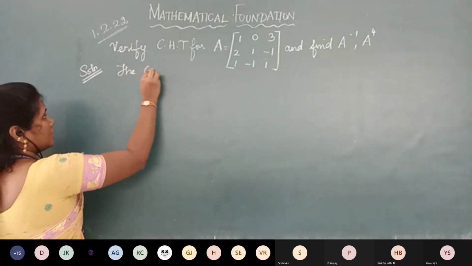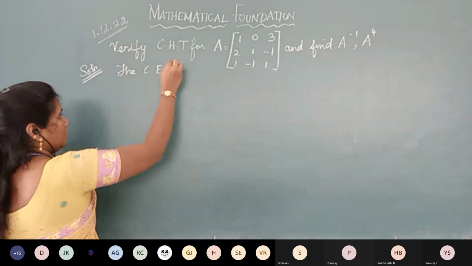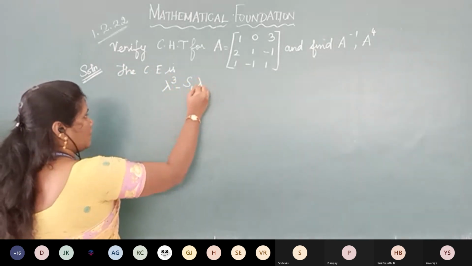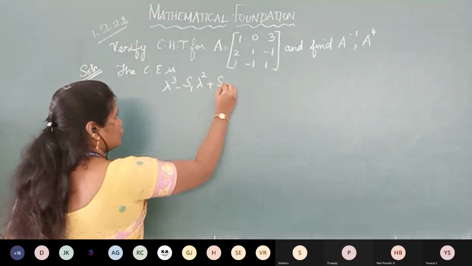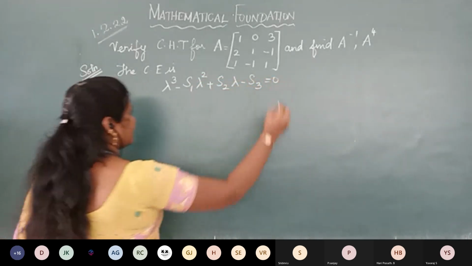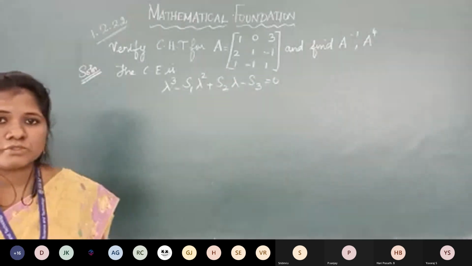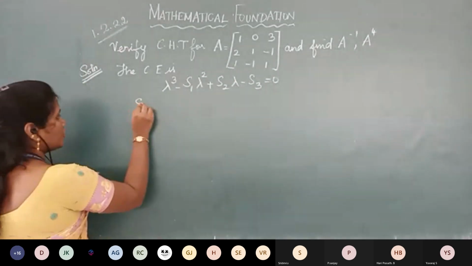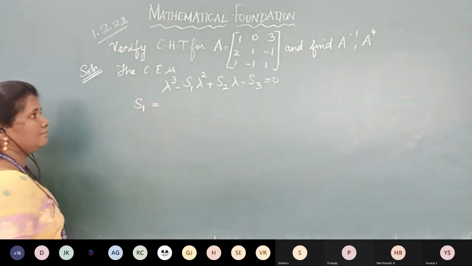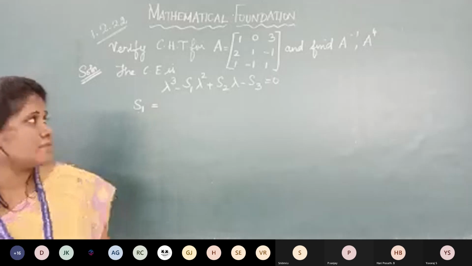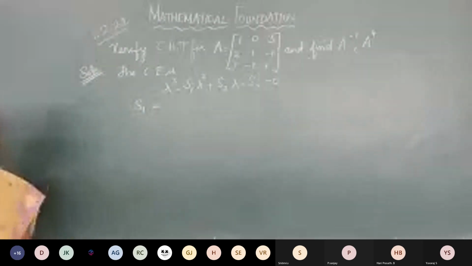The characteristic equation is lambda cube minus S1 lambda square plus S2 lambda minus S3 equal to 0. As soon as you get the question, you have to write your characteristic equation. Now, what is your S1? S1 is the sum of the main diagonal elements. What is the sum of the main diagonal elements?